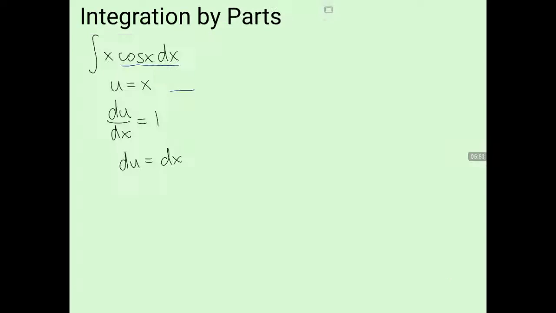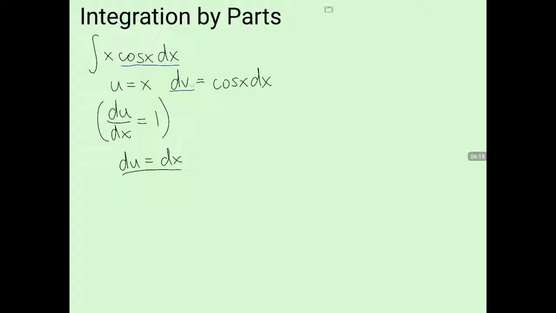So if we write that, it's going to be dv equals cosine x dx. Now notice how in integration by parts and integration by substitution, when you take the derivative of something, you tend to not write it in this form. You tend to write it in this form, where you have your du's and your dx's on opposite sides.